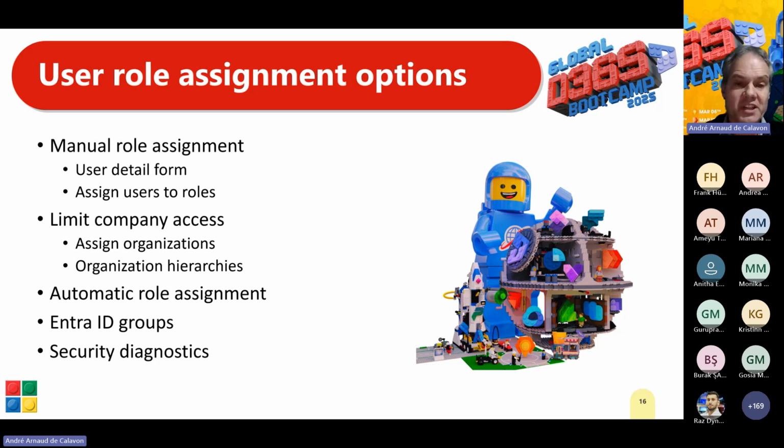So from the user detail form where we just created the user, it is possible to assign particular roles, but there's also a specific form called assign users to roles, where you can just select a security role and then add users, or you can then also create rules for an automatic role assignment, which is now listed as the third option on this slide.